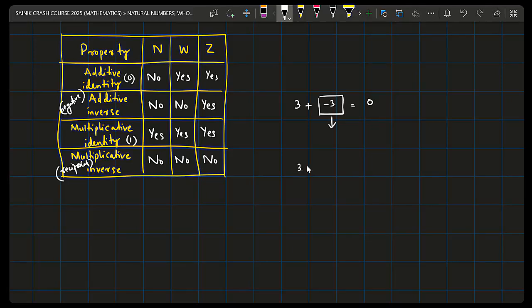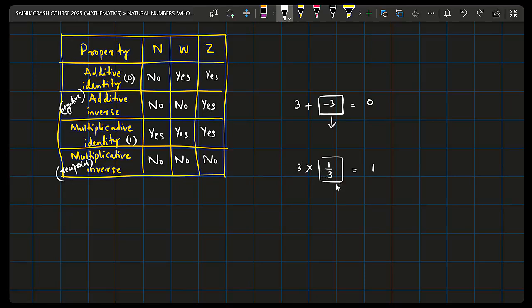You multiply 3 by which number to get the answer 1, because 1 is the multiplicative identity. Can you tell me the answer? 3 multiplied by which number is 1? 3 into 1 is 3. No, I want 1. So the answer is 1 by 3. Yes, Nishika? Yes, sir. Because 3 gets cancelled, answer is 1, right?